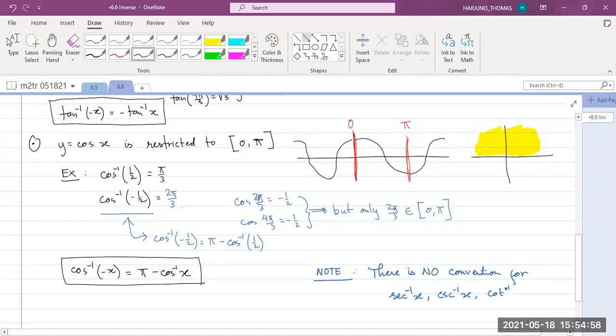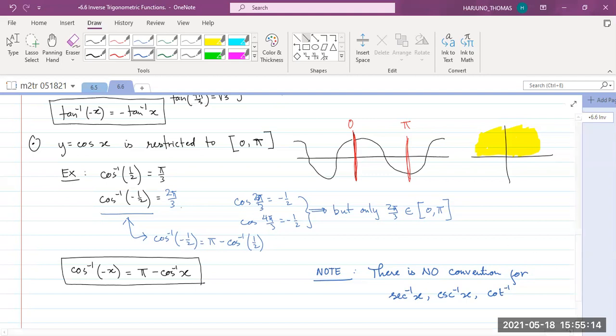Our textbook on page 470 gives us the restricted domain, but there is actually no convention for the restricted domain.